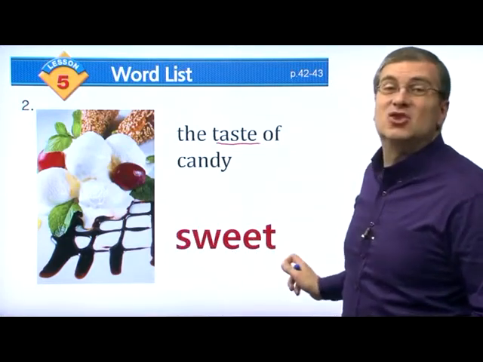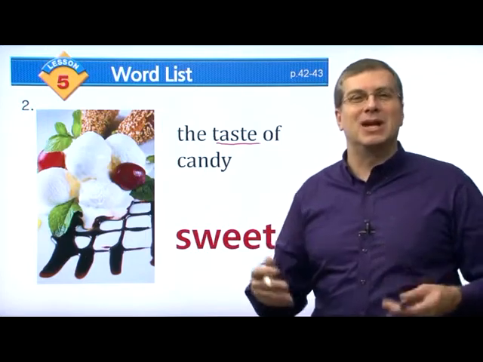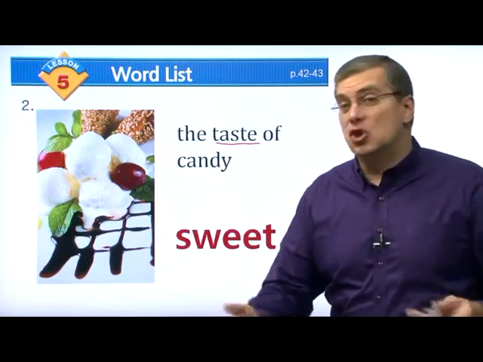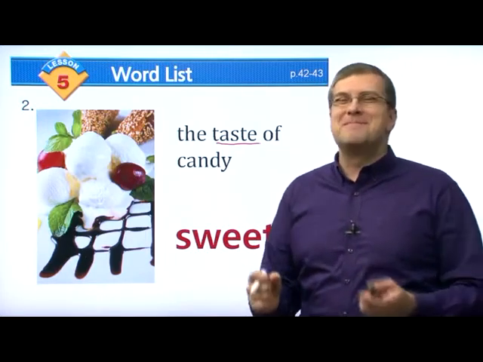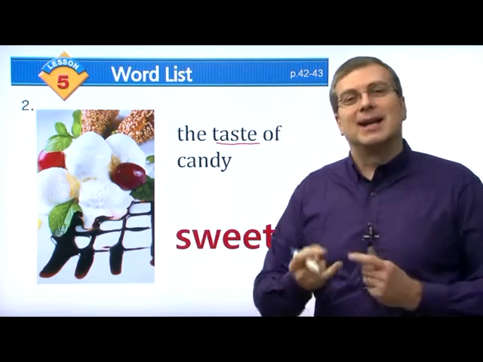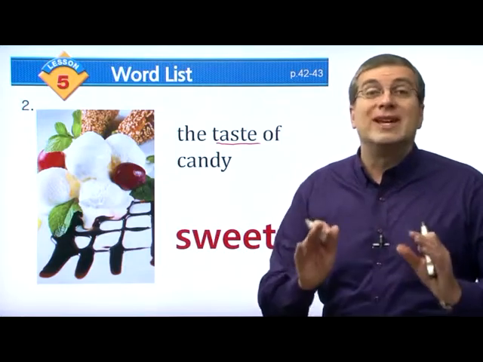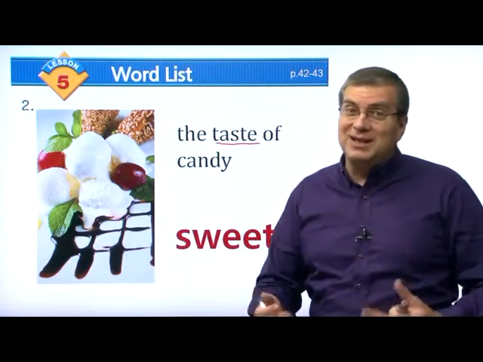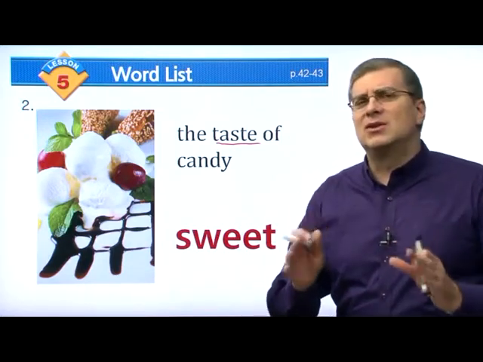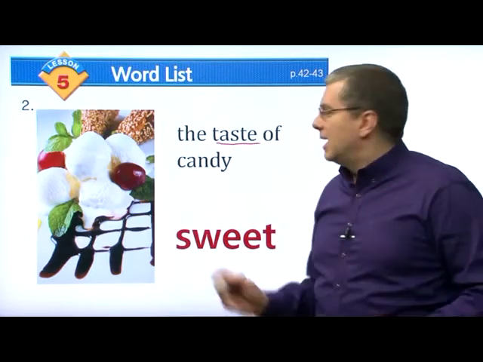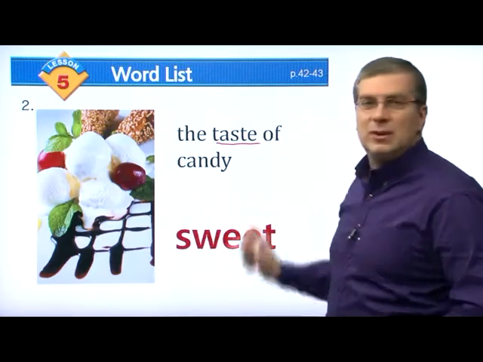It tastes sweet. That's good. Things that have sugar in them taste sweet. It's very good, right? We really like those things. Don't eat too much. I know it's sweet, it tastes good, but don't eat too much because it's bad for your teeth. Anyway, these things taste sweet.